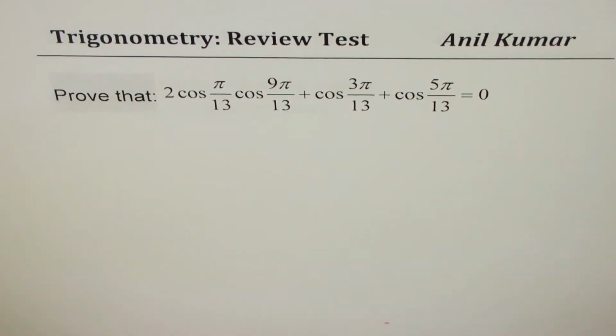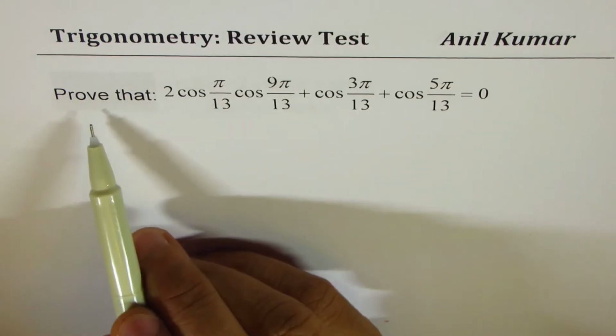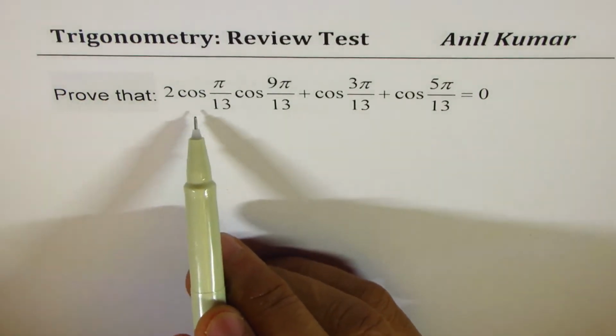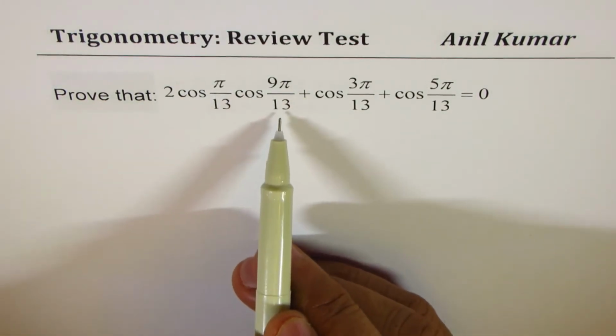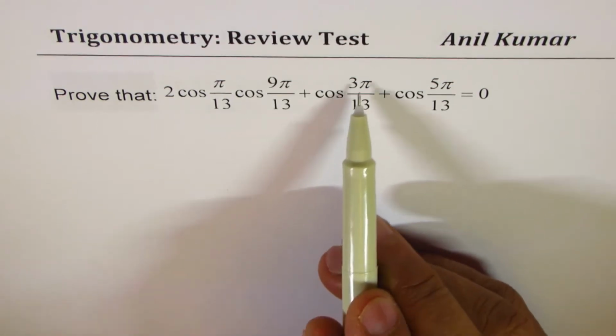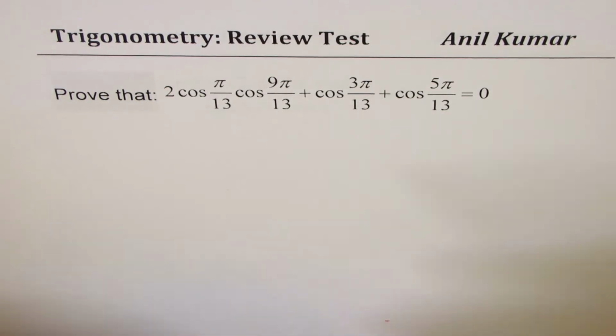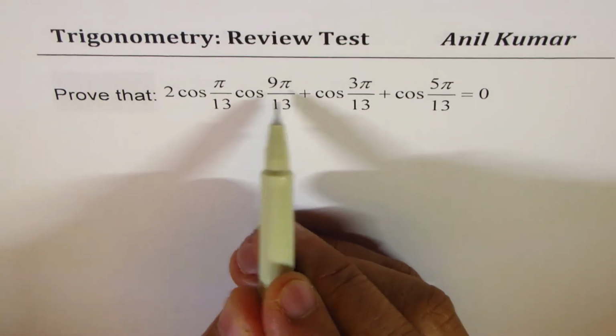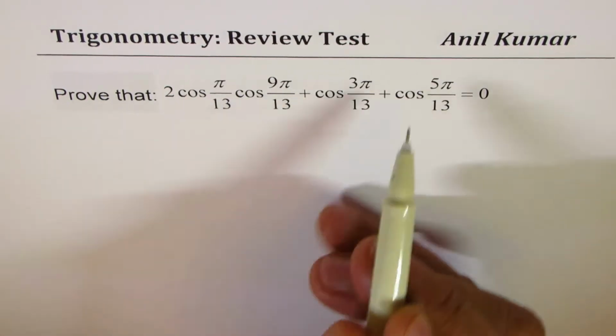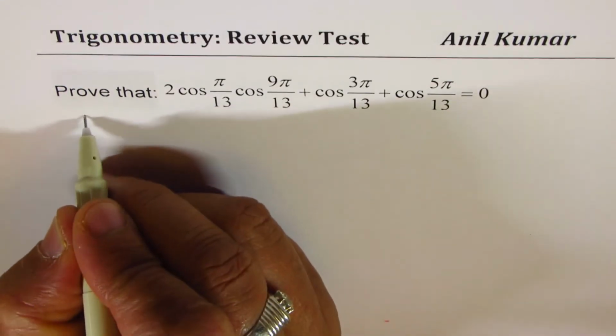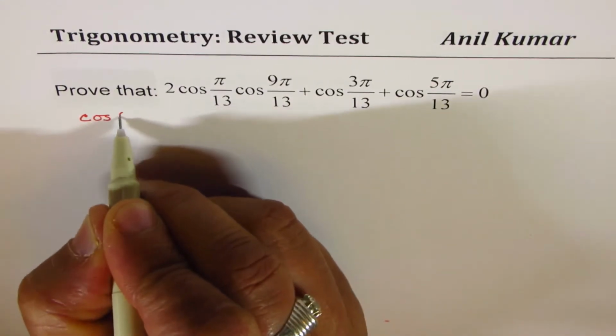Now let's solve the very first test question, which is we need to prove that 2 cos pi by 13 cos 9 pi by 13 plus cos 3 pi by 13 plus cos 5 pi by 13 is equal to 0. Now here we have product form. We could change product to sum. And to do that, I hope you remember the formula about cos(A plus B).